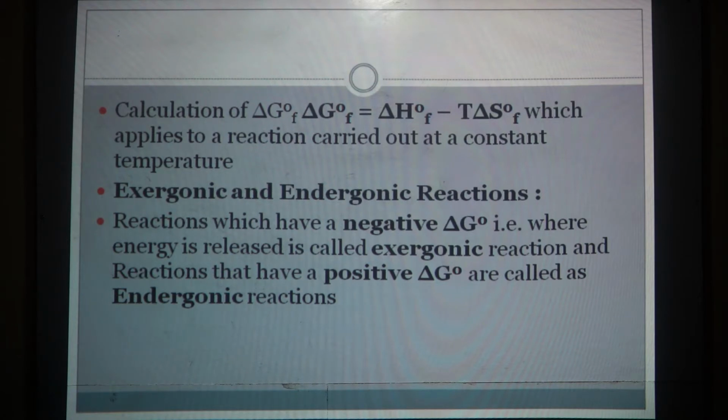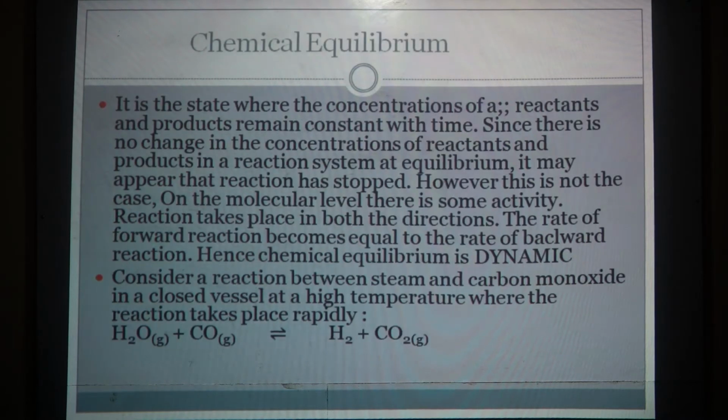Reactions which have negative delta G0, where energy is released, are called exergonic reactions. Another class is reactions that have positive delta G0, which are called endergonic reactions.